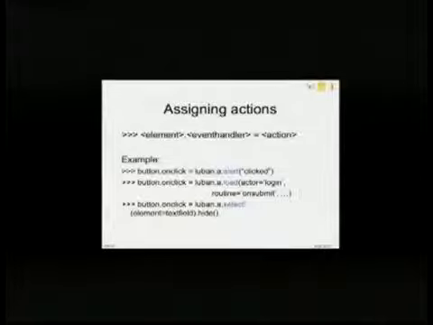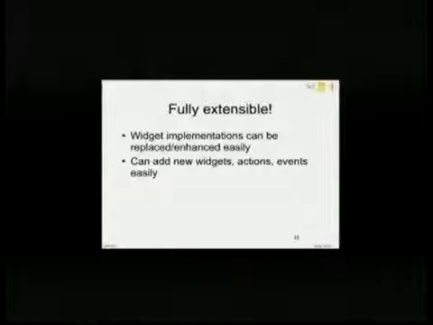When you are doing on-click equals luban.a.alert, it's not doing the alert right now. It's describing that the event is attached to the description of the action. So when the click event happens, whatever implementation of the UI will take that and interpret that action and do appropriate things. Luban is fully extensible. Its widget implementation can be replaced or enhanced very easily. You can easily add widgets, actions, and events.